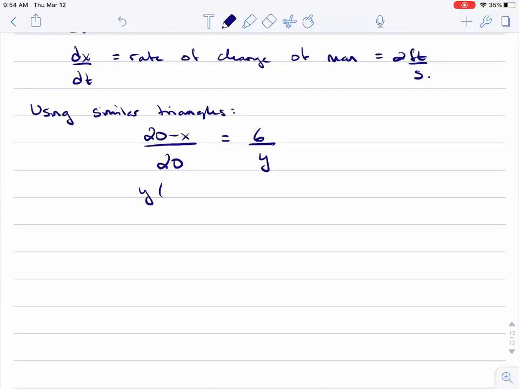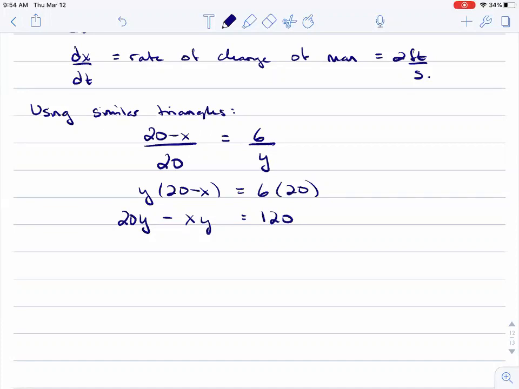And so I get y times 20 minus x is 6 times 20. 6 times 20, oops, I almost did 120. Turns out I know it after all, is 120. So I get 20y minus xy. Actually, I think it's going to be easier if I just keep the y on the outside.